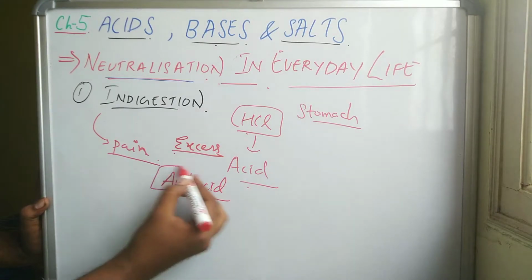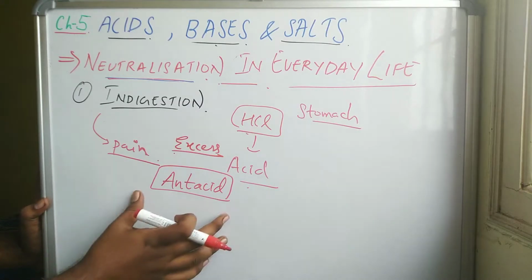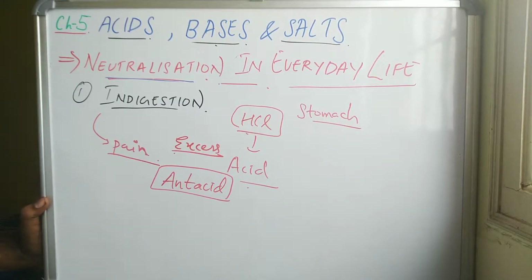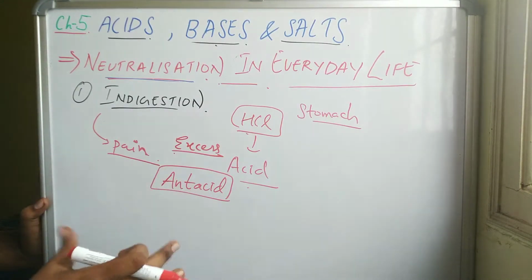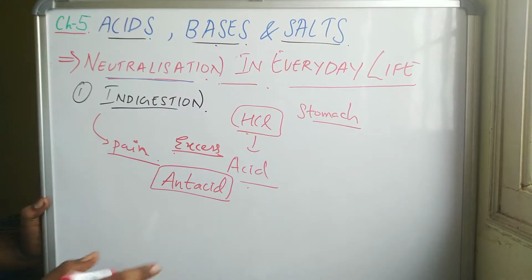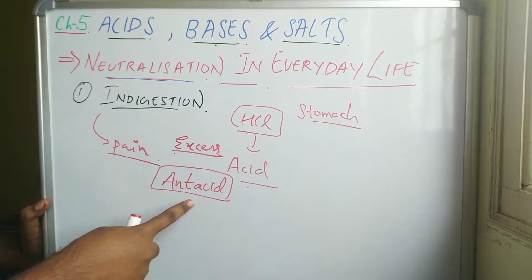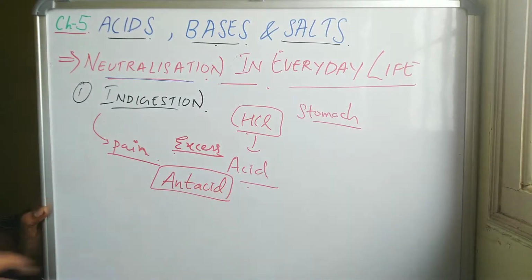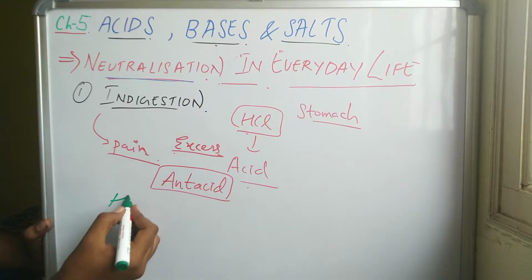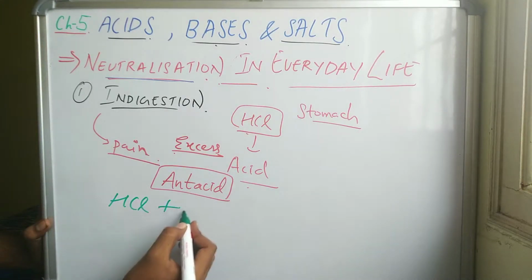Now what is an antacid? Is it also an acid? No, it's not an acid, it's basically a base. The logic behind this is that acid is there in the stomach, so we have to add a base so that it will get neutralized. Basic concept: acid is there, HCl, plus what you have to add?